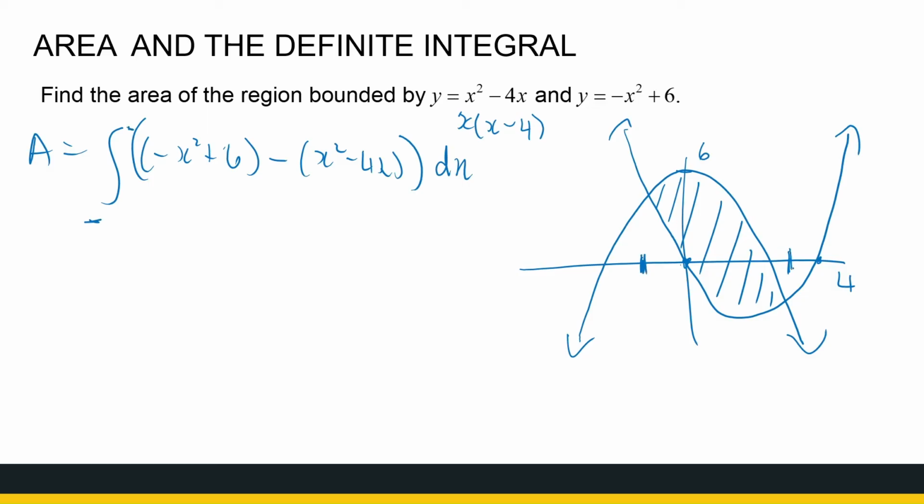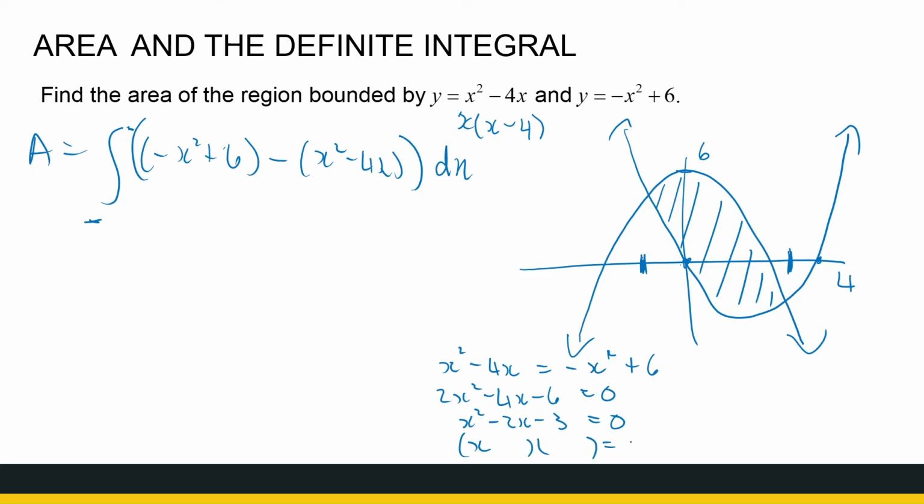But now where do I start and where do I end? I can't easily read off these values, so we have to do a bit more work. What do we need to do? We need to see where these two graphs intersect, so we set them equal to each other. So x squared minus 4x, when is that equal to minus x squared plus 6? Well, that's when 2x squared minus 4x minus 6 is 0. Now, when you factorize that, I'm going to divide all the way through by 2, so I've got x squared minus 2x minus 3 equal to 0.